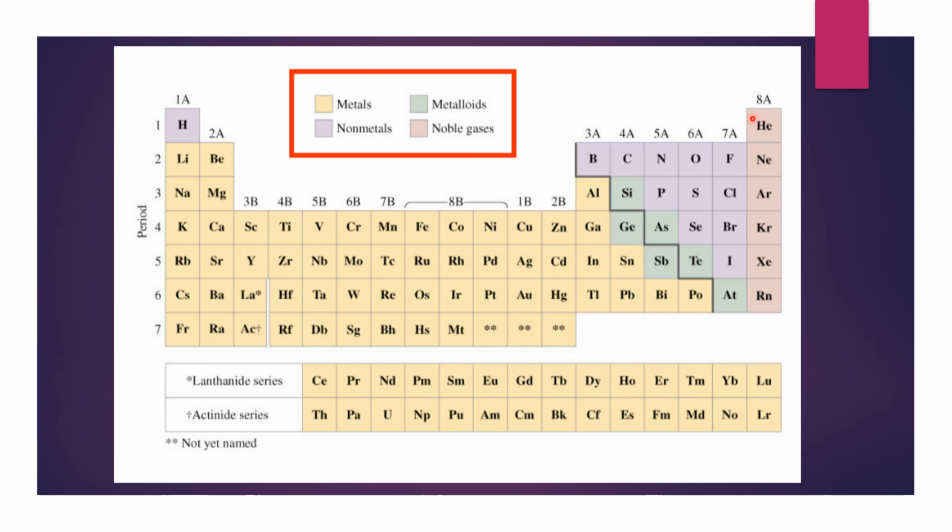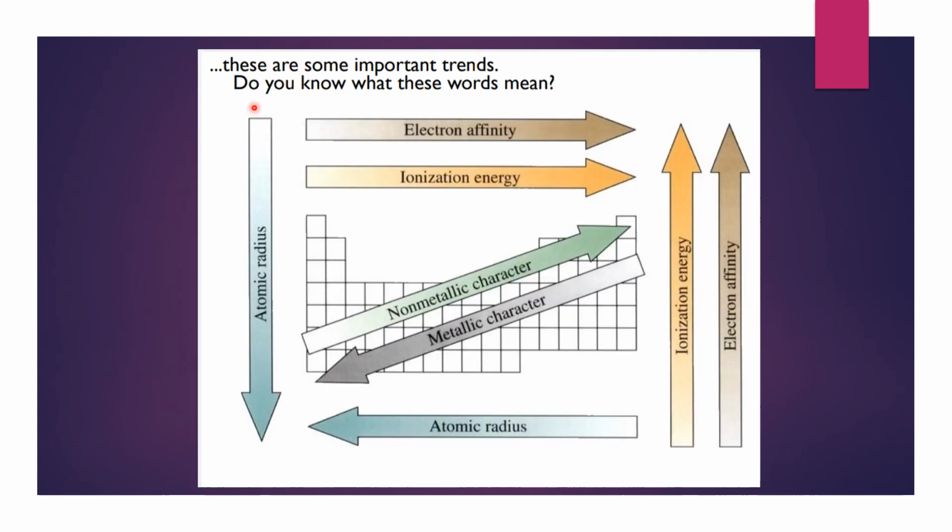And here are the noble gases: helium, neon, argon, krypton, xenon and radon, the eighth group of elements. So remember, the left side are metals, the right side are non-metals, and along the zigzag line are the metalloids. With this we have completed all the properties of the elements along groups and periods.